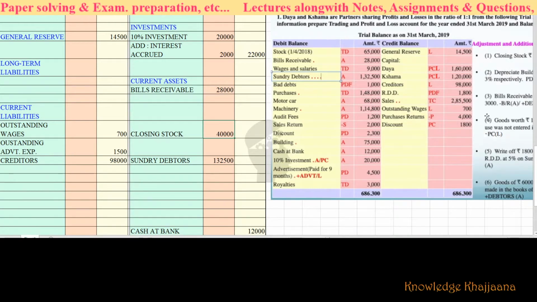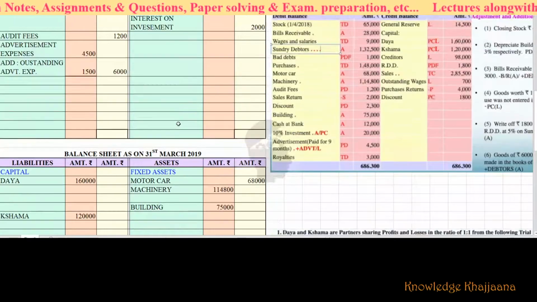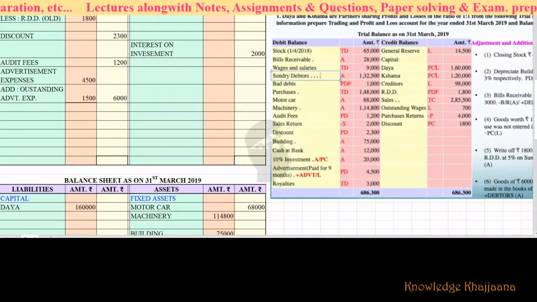Then two adjustments of the closing stock we have done, here 40,000 and here closing stock 40,000. Okay, good.